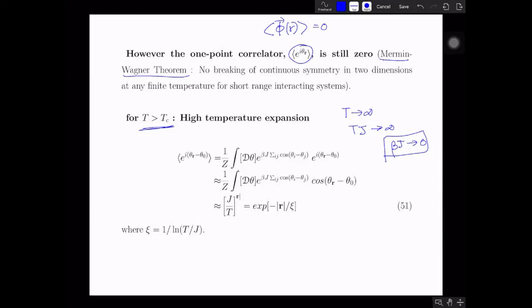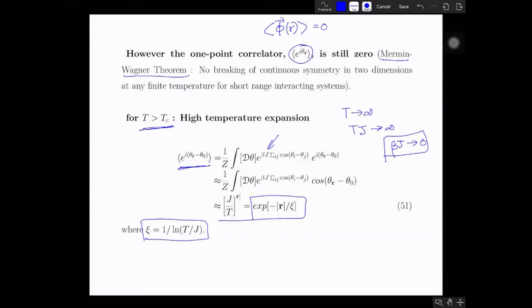If I do a high temperature expansion, really expanding in beta J which goes to 0, you would find that I can calculate this, and it would go as an exponential, with the correlation length being 1 over log of T over J. This is something that we are more familiar with. If spins are completely decorrelated, then I expect the correlation to fall off exponentially.